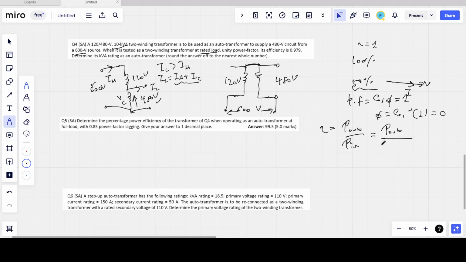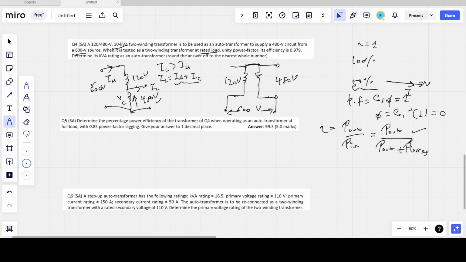So input power is nothing but the power output plus the power losses. So this is now the formula that we'll be using. So efficiency will be given as power output divided by power output plus power losses.